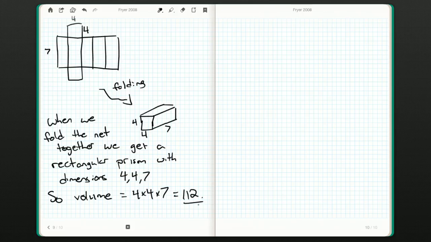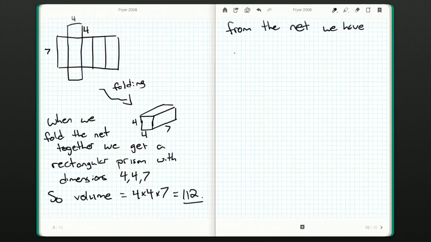We were also asked for the surface area. So from the net, we have 2 4 by 4 squares. And that area is 16.